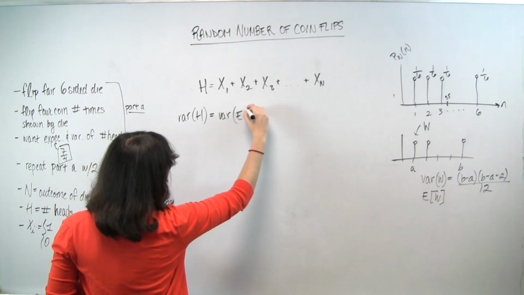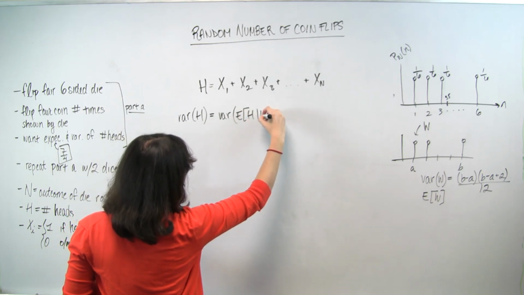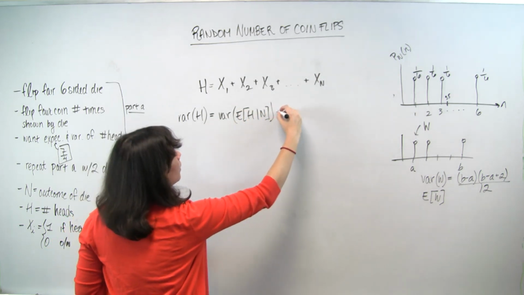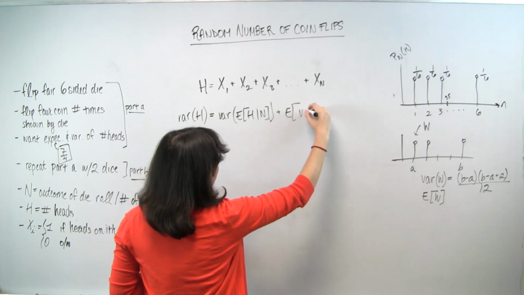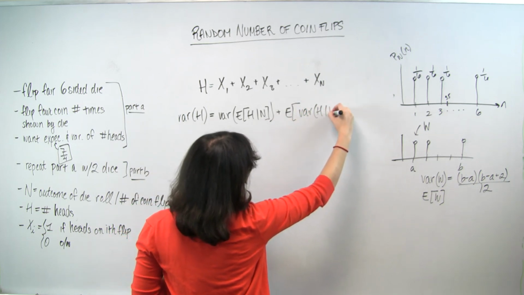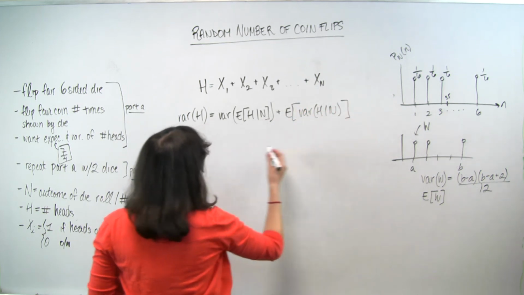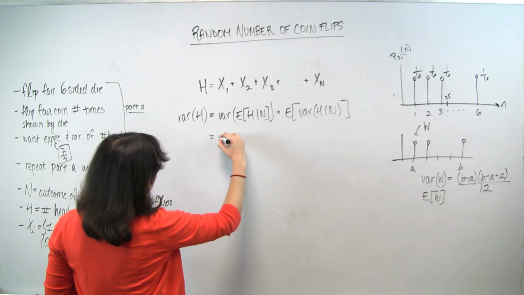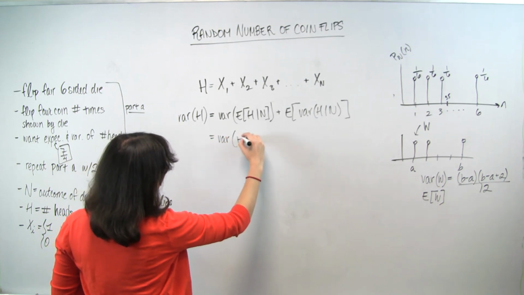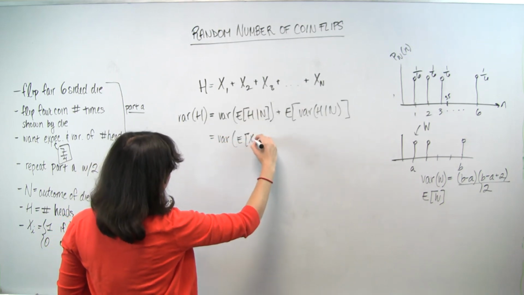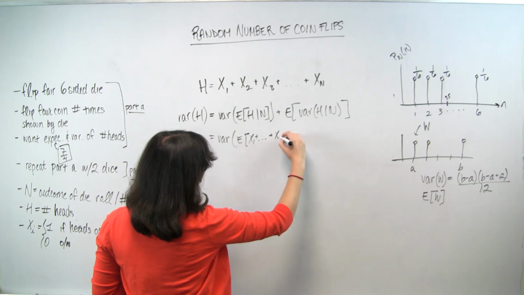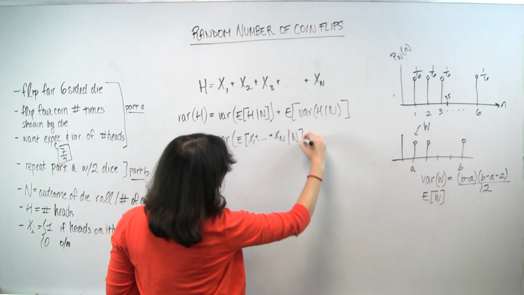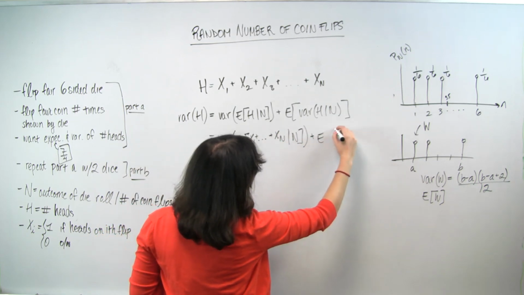So this, just using the law of total variance, is the variance of the expectation of h given n plus the expectation of the variance of h given n. And now, plugging in this running sum for h, you get this. It's a mouthful to write, bear with me.